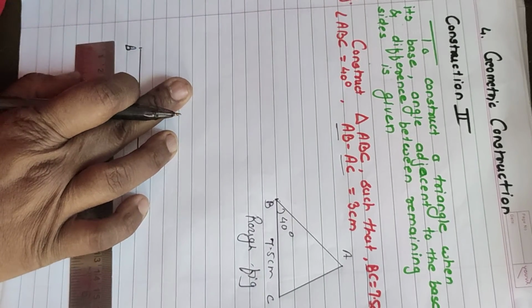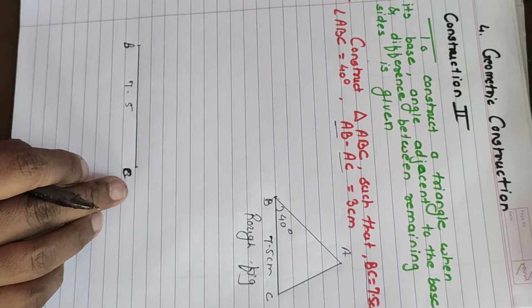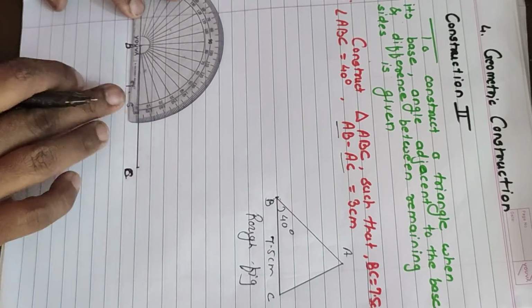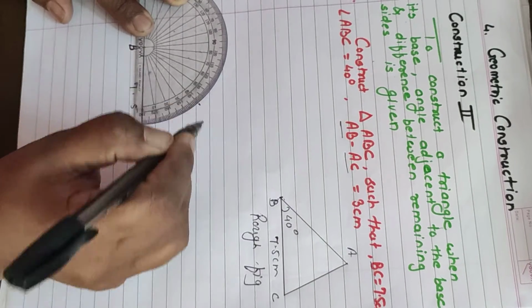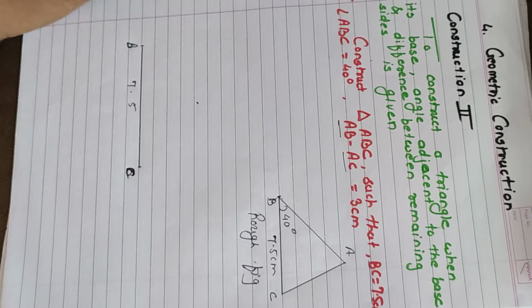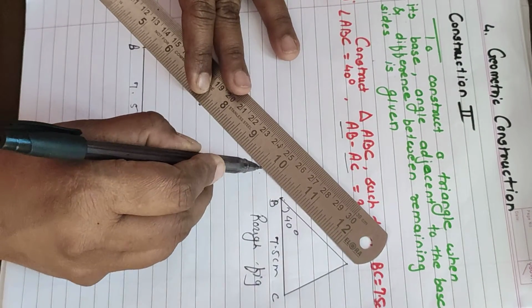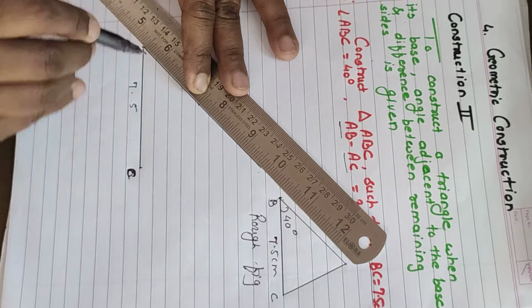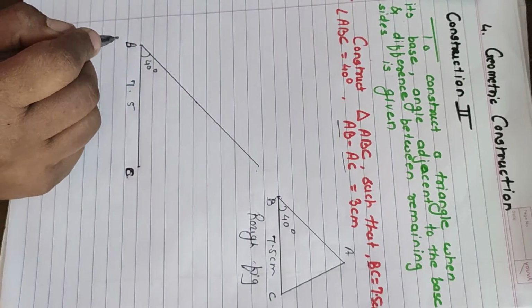Next we have to take angle B as 40 degree, and we have to extend this side. So this is 40 degree.